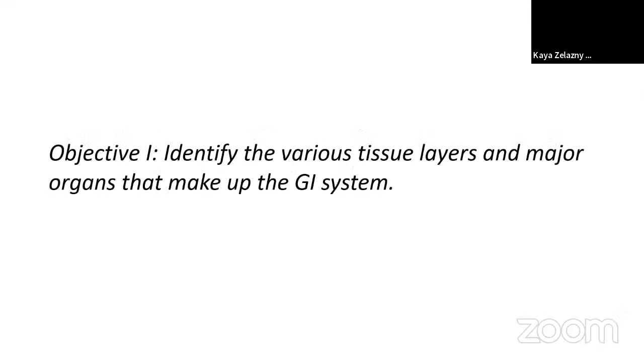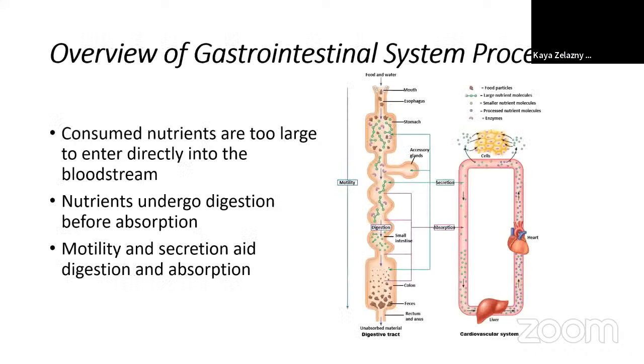We're going to start by going through the anatomy, but we're going to tack on what you've already done in lab. We're going to tack on thinking about the cells in these different regions and some of our tissue layers. Basically, our overview of why we need to understand these gastrointestinal system processes: you eat a burger, and the nutrients you're eating are too large to enter into the bloodstream.